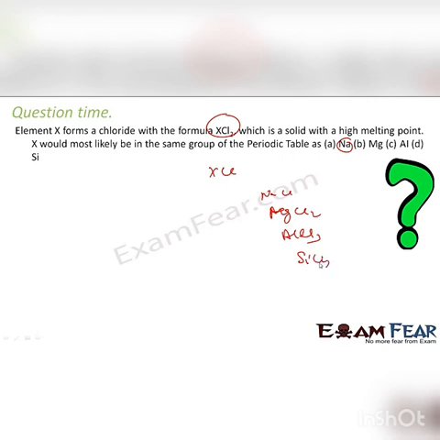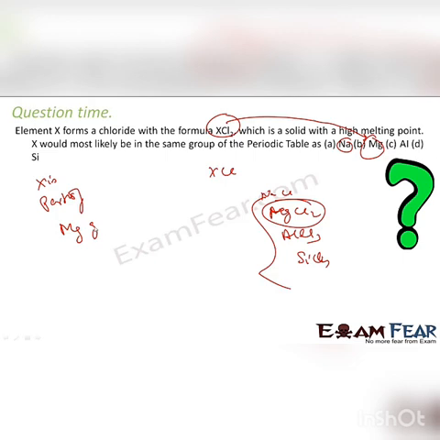And Si forms SiCl4. With this, I can say that MgCl2 is almost similar to XCl2. So I can say that this X is part of the same group as Mg. Sound good? I've got XCl2 and MgCl2, both the chloride formulas are matching.